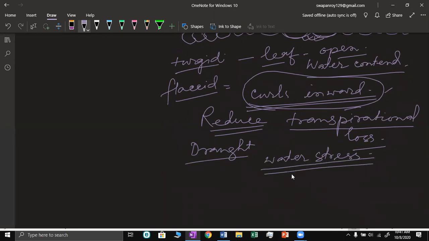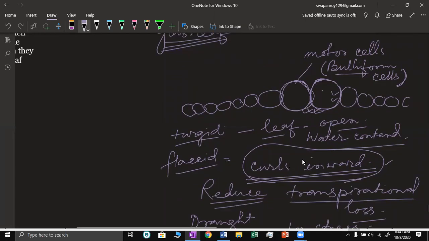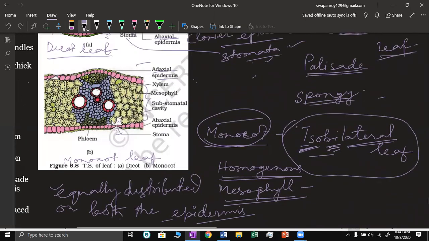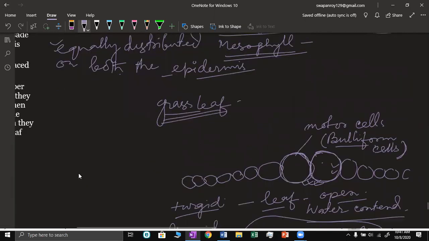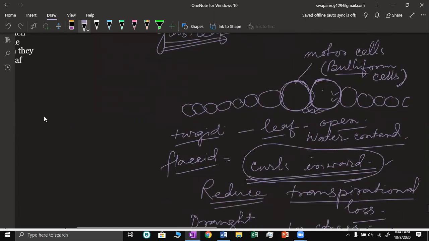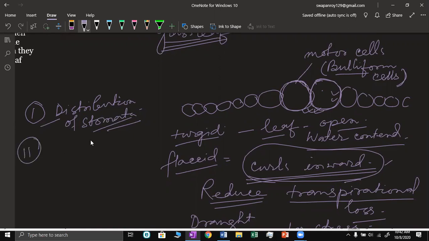All right. So what is the main difference between dicot and monocot leaf? First difference is in the distribution of stomata. In dicot, it is mostly in the lower surface. In monocot, it is on both surfaces.